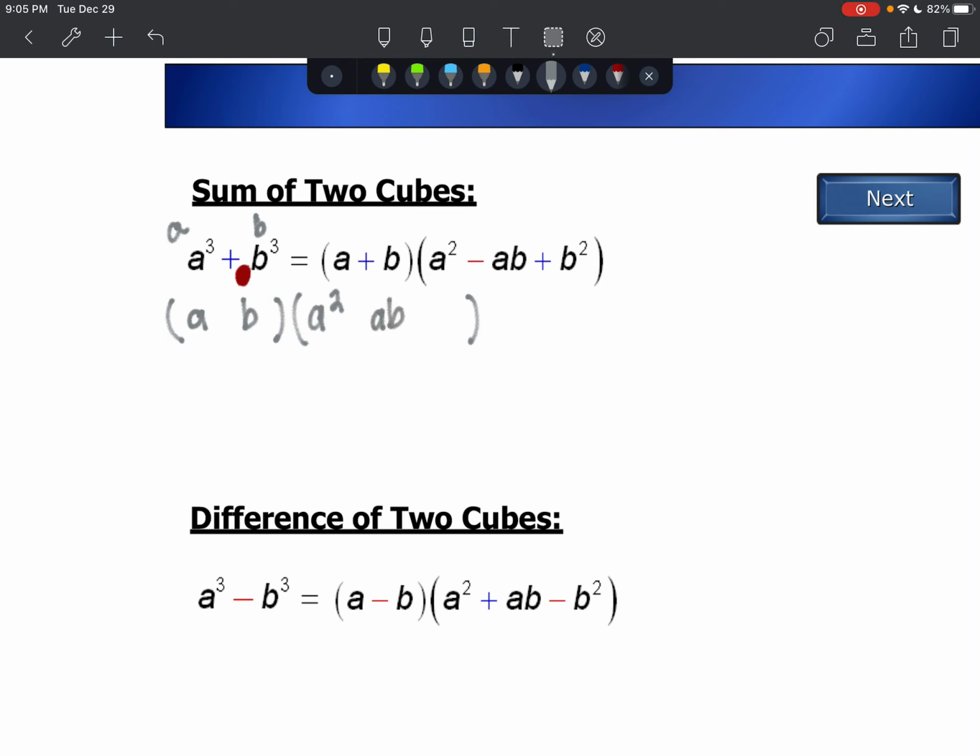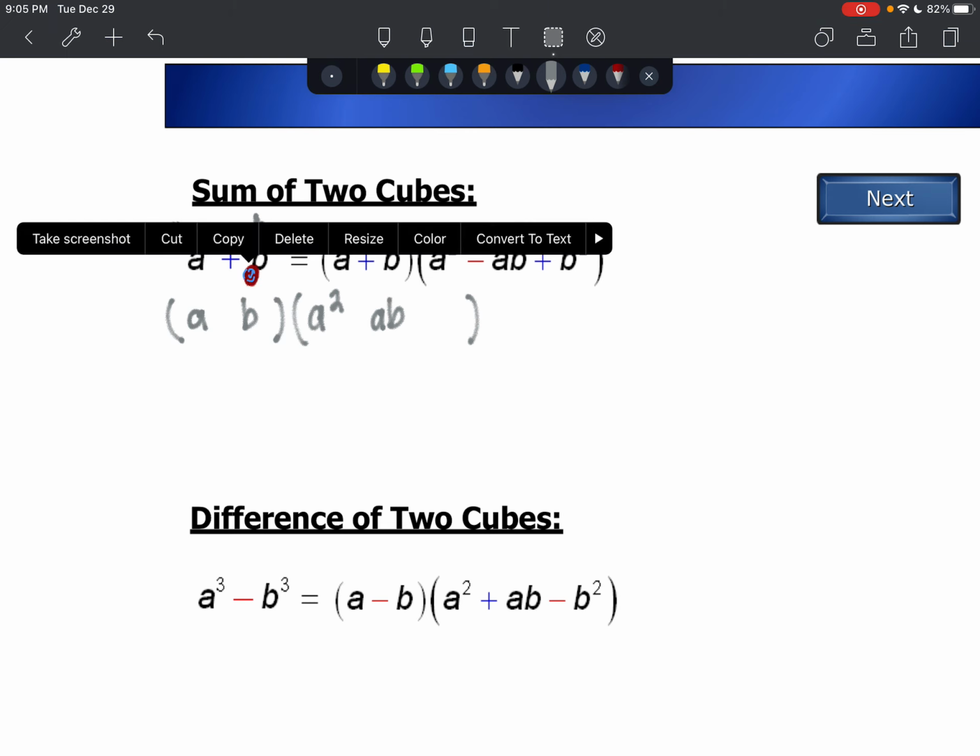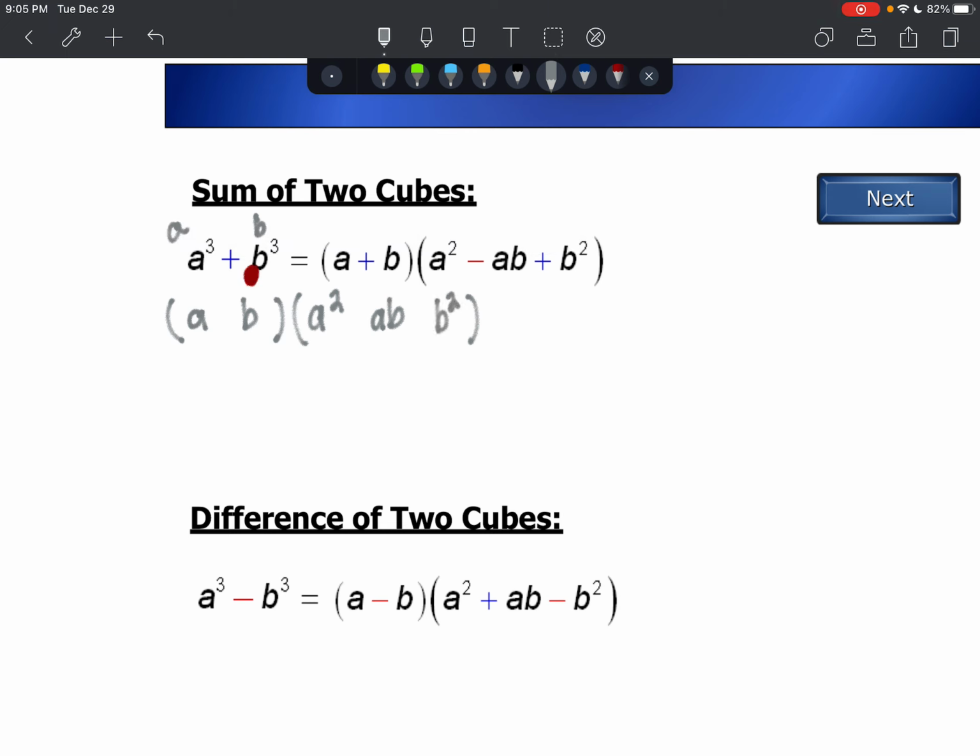And then bouncy, bouncy is b times b, which is b squared. So here we have a times a, a times b, b times b.